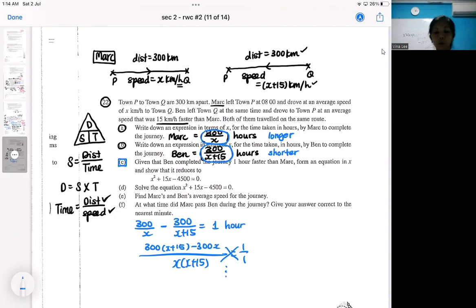Again, you should be getting two answers. Okay, so you get the equation first. So even if you don't get the equation, you can do the usual solving. If you find yourself time running out, you can use the equation to solve first, so at least you earn that part first. So you will get two answers.